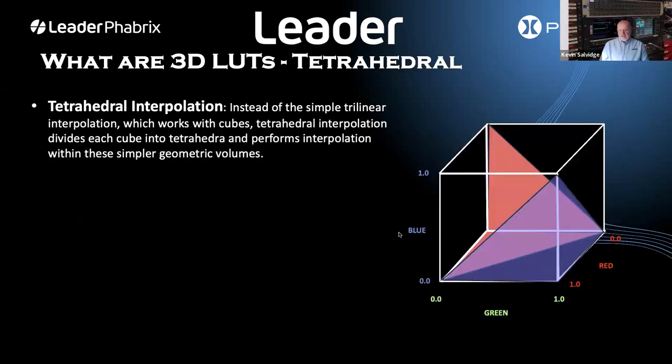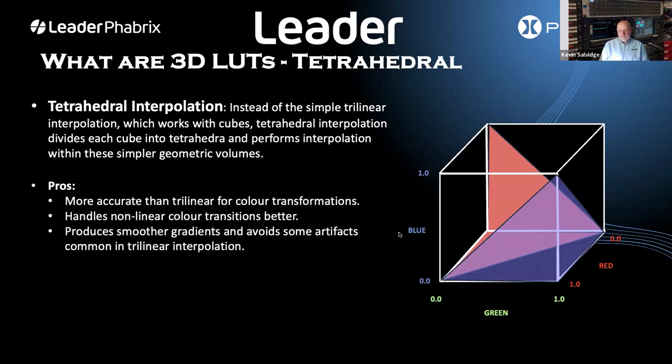So the tetrahedral, and so far I've pronounced it right every time, but now we're going to put interpolation on the end of that. Instead of a simple trilinear interpolation, which works with cubes, the tetrahedral interpolation divides each cube into tetrahedra and performs interpolation within these simpler geometric volumes. As you can see here, we have the cube previously, but now we have these two triangles within it.